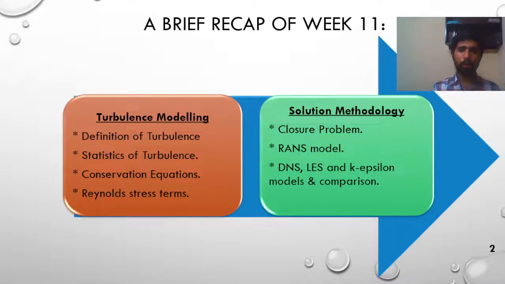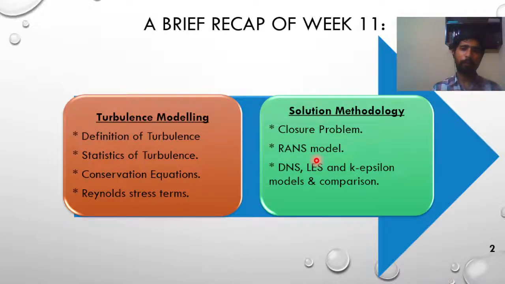So only in the research field do we mainly see DNS being implemented. That is one thing you have to keep in mind: DNS cannot be used everywhere, whereas in most industrial applications, I would say, LES is used. LES or K epsilon is also used because they are not so computationally taxing.